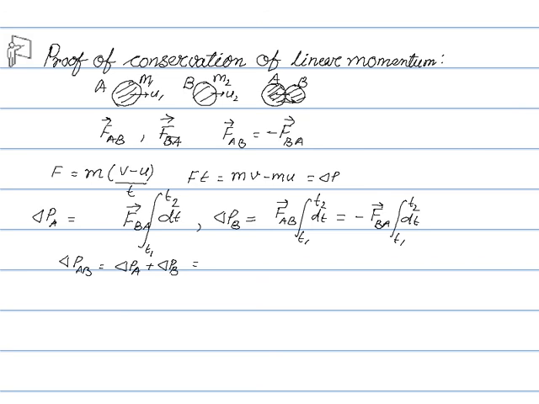Now delta PA and delta PB, if they sum up, it becomes 0. Thus we conclude that the total linear momentum of the system remains conserved, that is, the change in linear momentum of the system is 0.